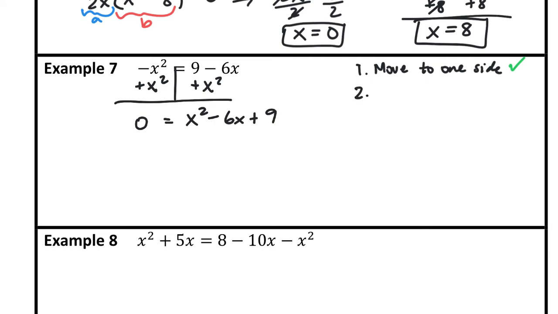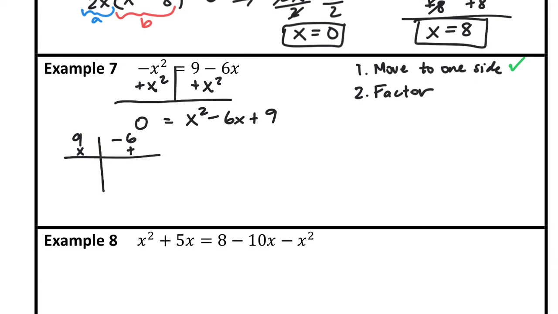Step 2, factor. So if I'm looking at factoring, could I use the table method? Yeah, or I can do perfect square trinomial. If I do the table method, looking for 2 numbers that multiply to give me 9 and add to give me negative 6.